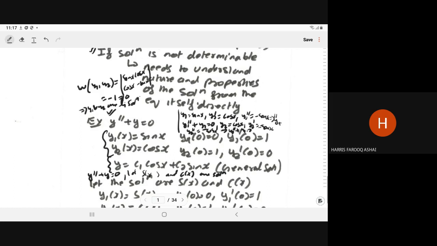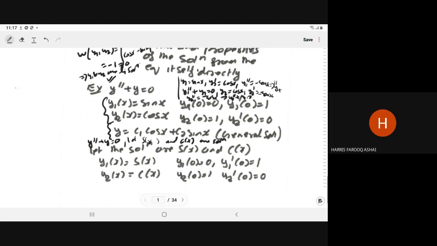I am just saying that arbitrarily, right? We do not know what S(x) is, we do not know what C(x) is. So for the given equation y double dash plus y is equal to 0, let S(x) and C(x) be the solutions.